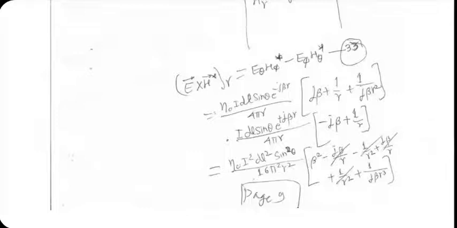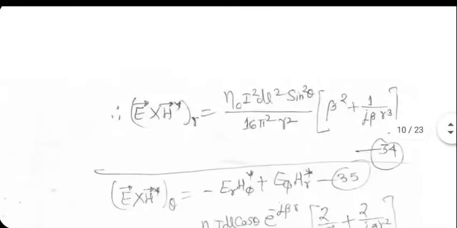What I'm getting is that the R component is simply beta square plus 1 upon j beta r cube, and the entire thing multiplied by some big factor outside. And of course, sine square theta is there, not sine theta, because of the multiplication of E and H fields. Similarly, for the R component, this is the final formula that I'm getting. Fine. This is all near field, by the way, right now.